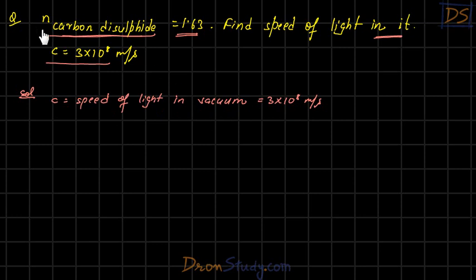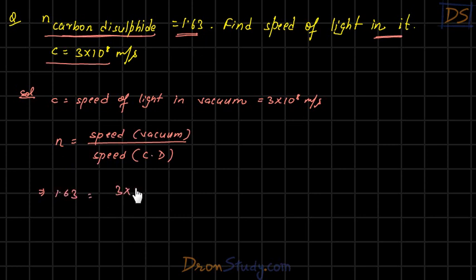Anyways, so the refractive index of carbon disulfide is given. The refractive index of carbon disulfide will be speed of light in vacuum divided by speed of light in carbon disulfide, right students? So the refractive index is 1.63.